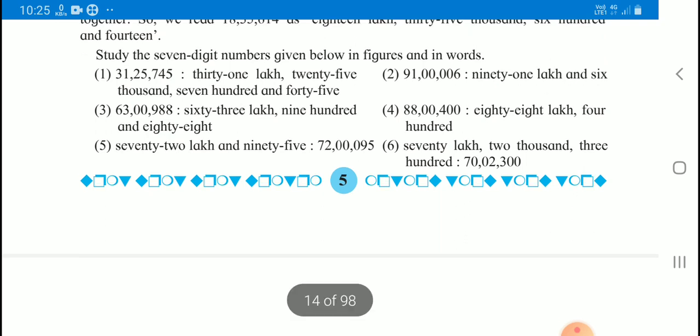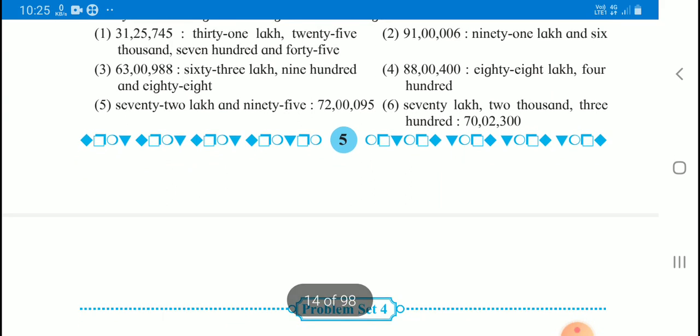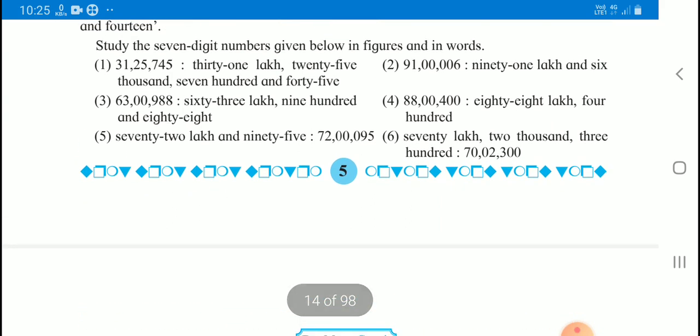Now next numbers they given in words and we have to write these numbers in figures. 72 lakh and 95. If you will see here, they given the number in the place of lakhs, means 10 lakhs, and remaining in the place of unit and tens.